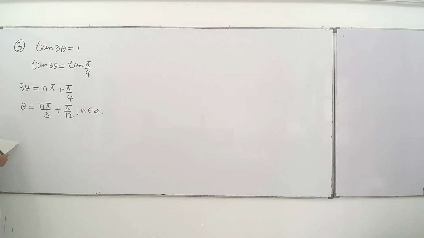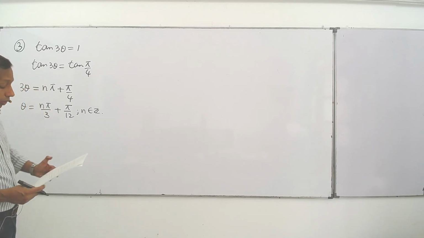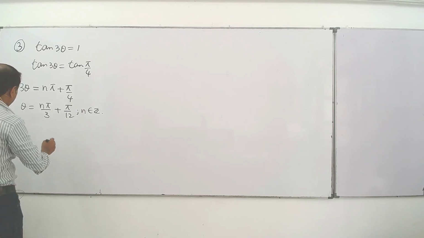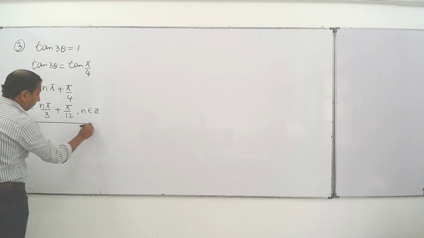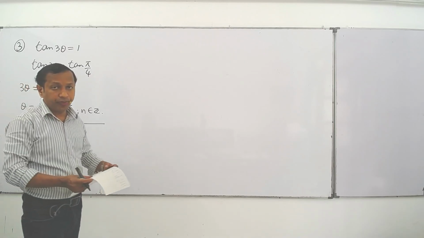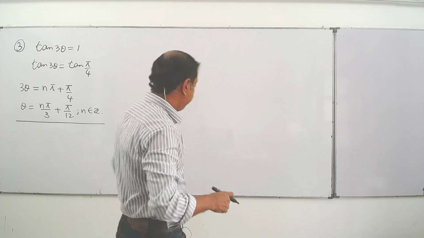Right. Now, the next one asks to write down the formula for tan 3 theta. Tan 3 theta formula, you know, is 3 tan theta minus tan cube theta divided by 1 minus 3 tan square theta. Right?